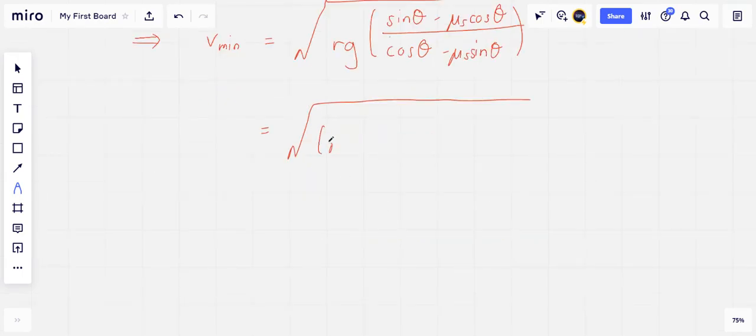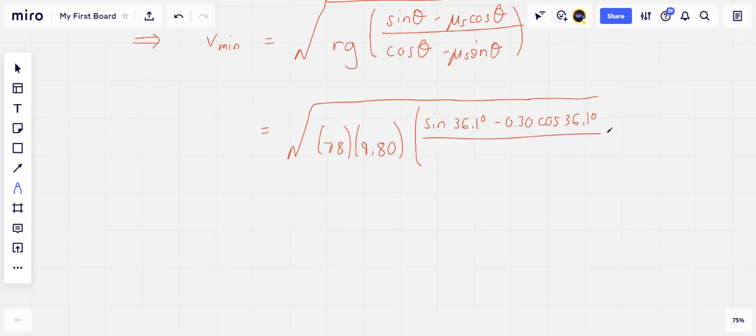And so this is, again, 78 meters into 9.8 meters per square second into the sine of 36.1 degrees minus 0.3 times the cosine of 36.1 degrees, divided by the cosine of 36.1 degrees plus 0.3 times the sine of 36.1 degrees.